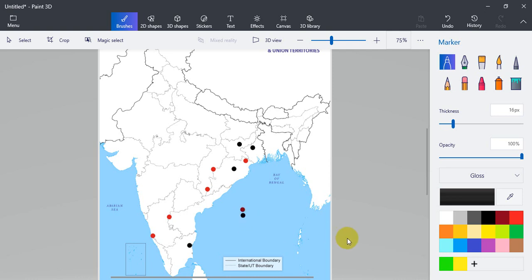Red indicates iron ore mines and black indicates coal fields. Okay. Now next we will move to a different tinge, that is petroleum.